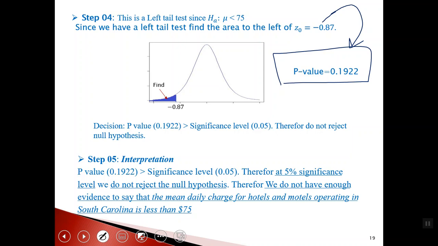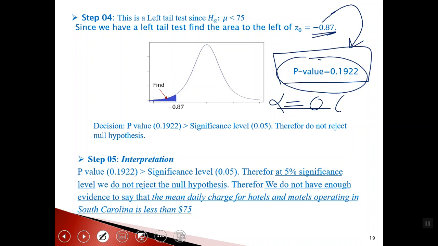How do you get the p value? Go to the z table, and since this is left tail, find the area based on the z value. You can directly pick that value. So in this case your p value is 0.1922.